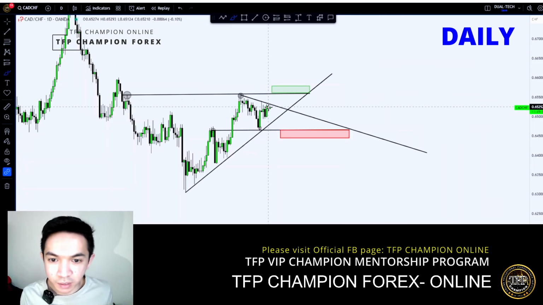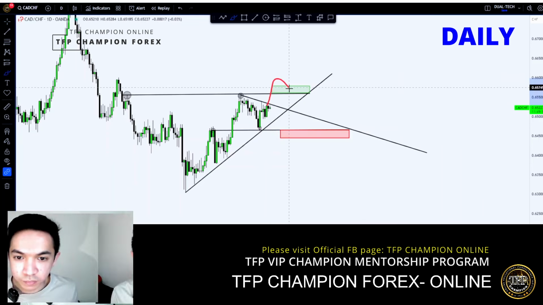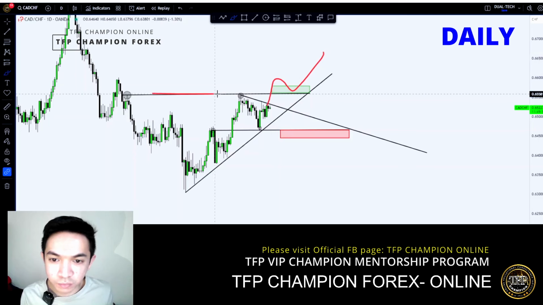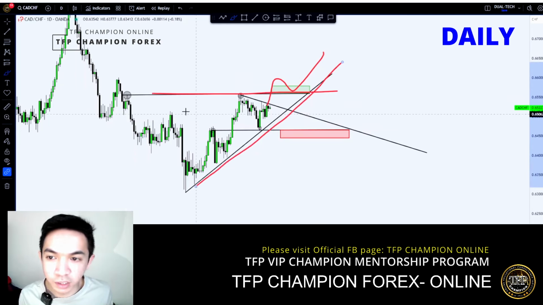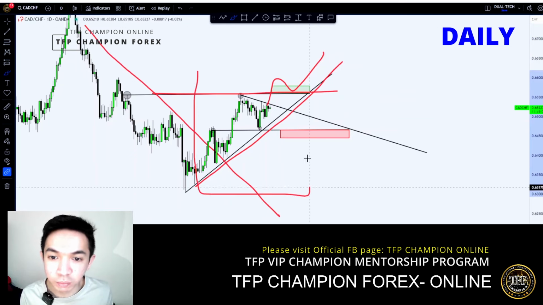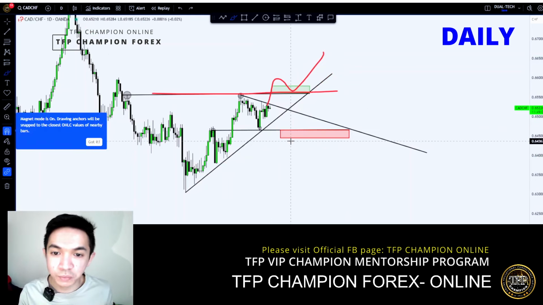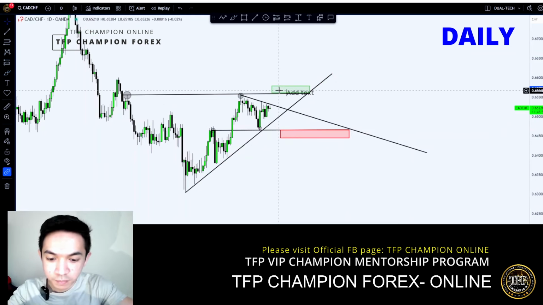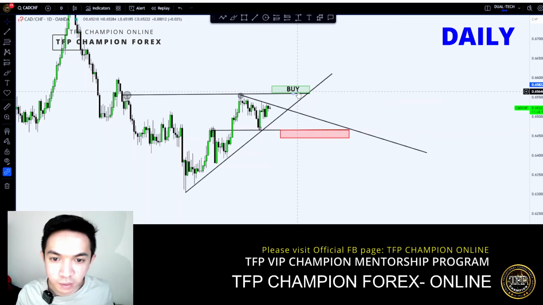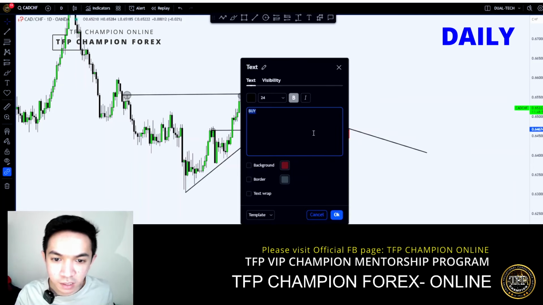Sabi ko nga, as I buy, dito yan kasi you are above horizontal support, you are above counter-trend support, and definitely, kung makita nyo yung long-term counter-trend resistance natin, nabasag na yan, di ba? Kaya nga siya nagkaroon ng group na bullish group pagdating sa trend. So, this is my buying area. Okay? And this is my selling area.